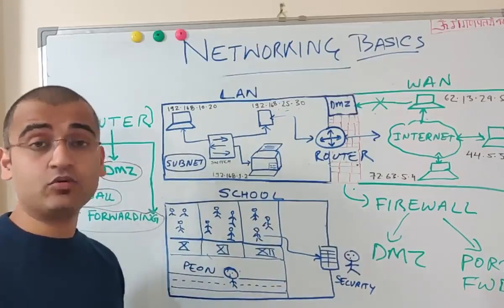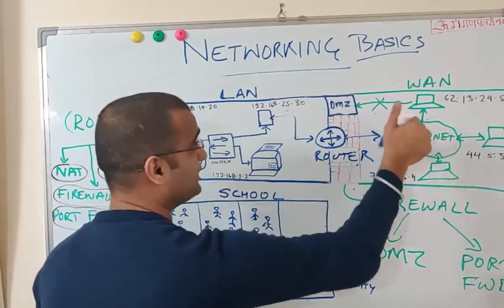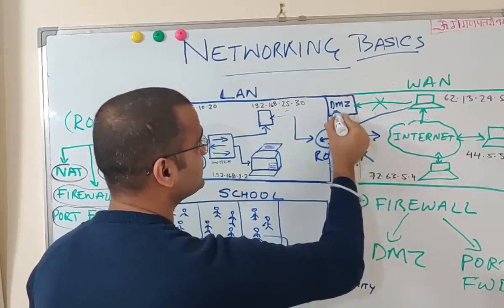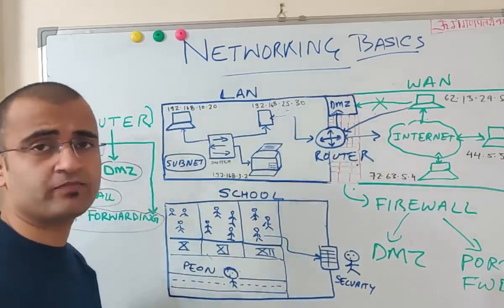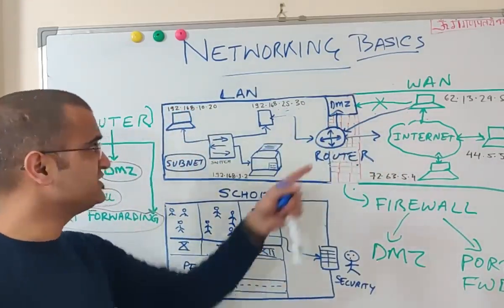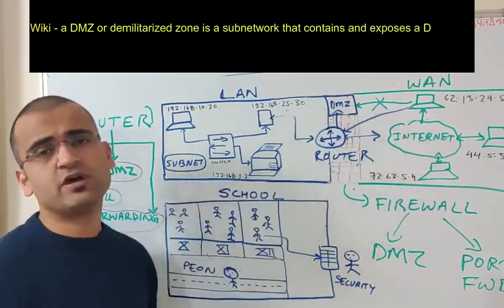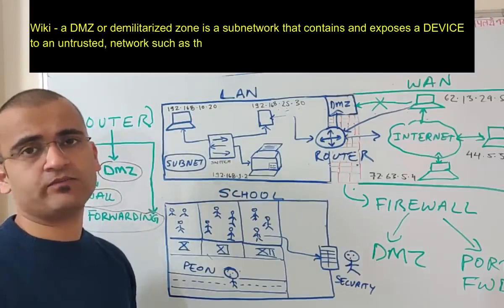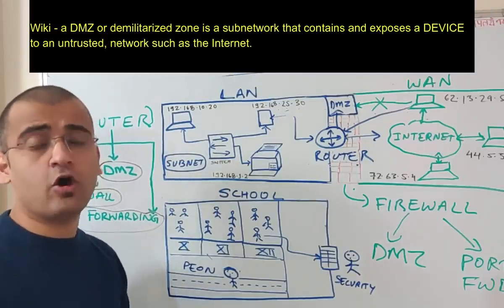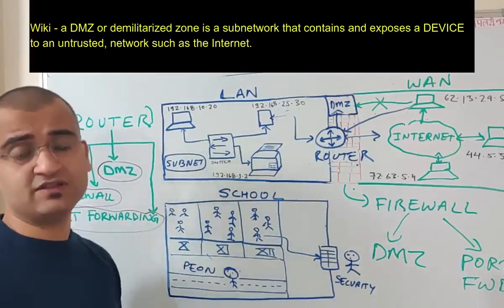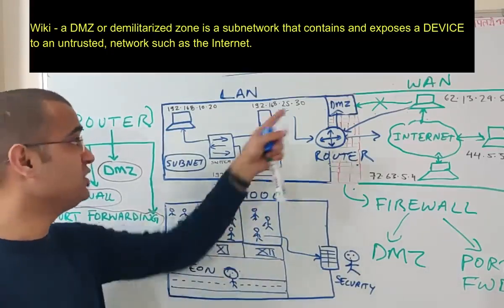So if any request comes from an ad hoc device, it comes to the router, and the router simply sends it to this demilitarized zone. And if there is any device sitting in the demilitarized zone, that device can directly talk to the device outside the firewall.